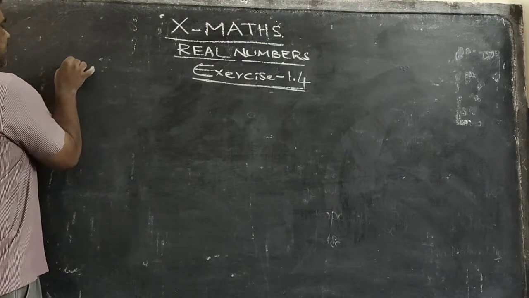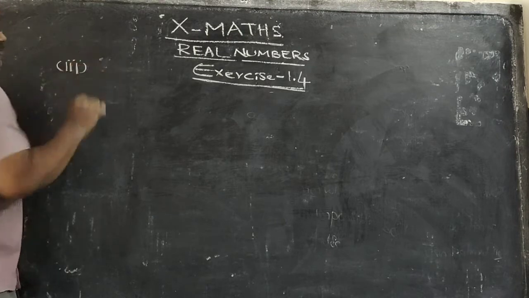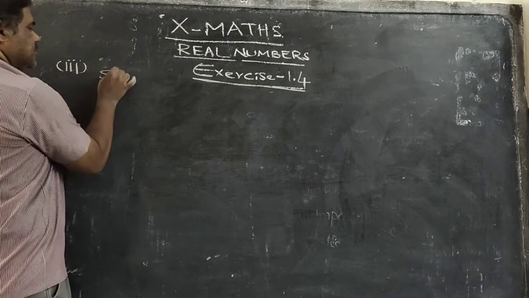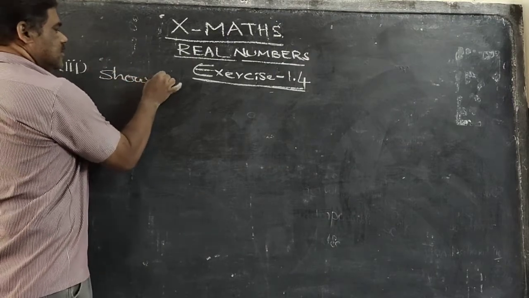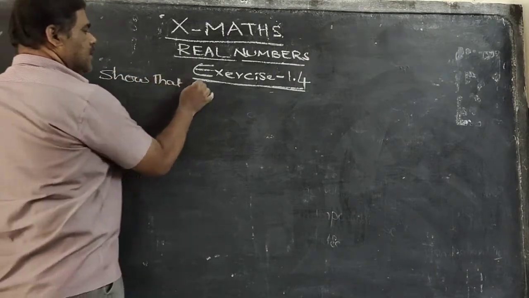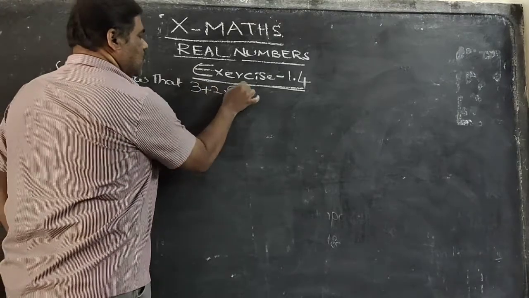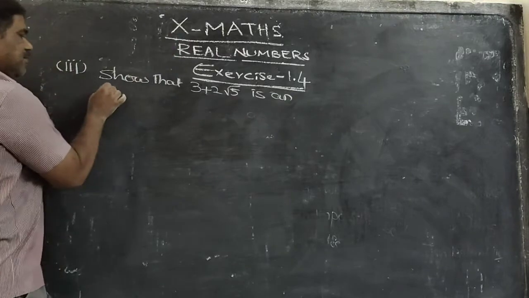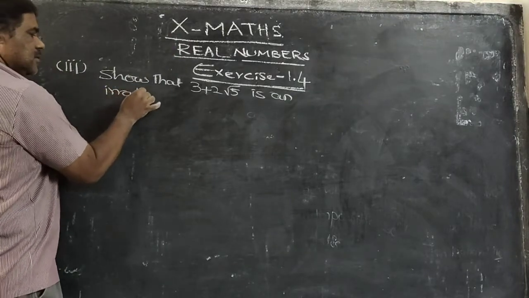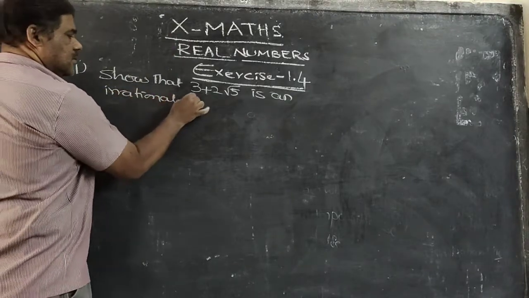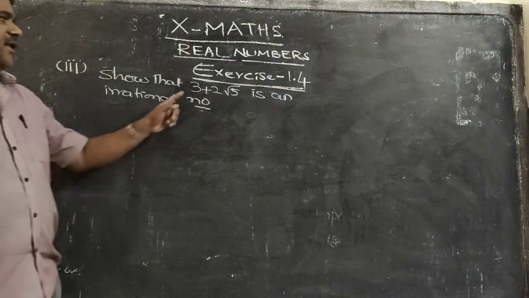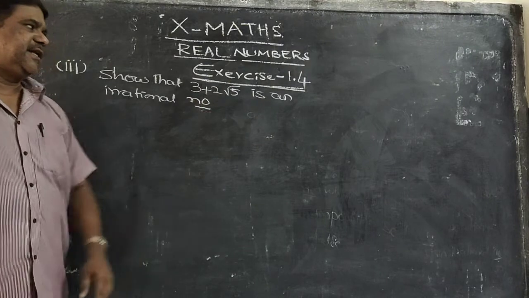Let us write the third bit. Show that 3 plus 2 root 5 is an irrational number. We have to prove that 3 plus 2 root 5 is an irrational number.